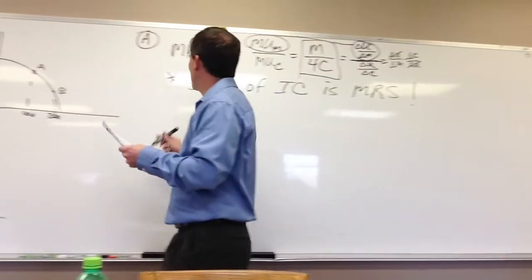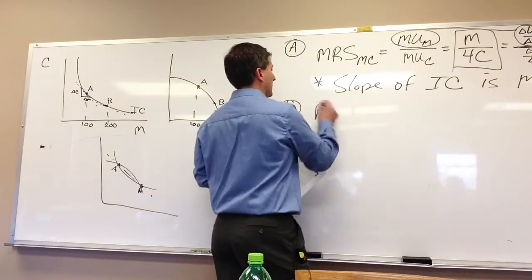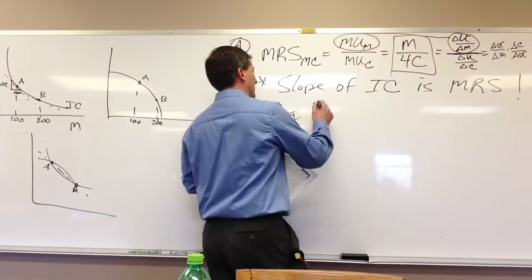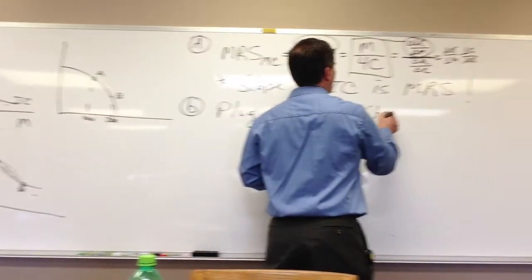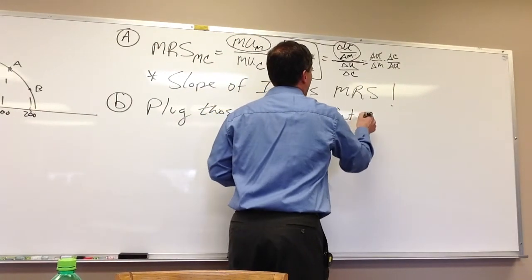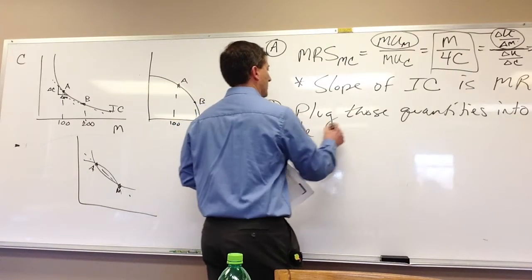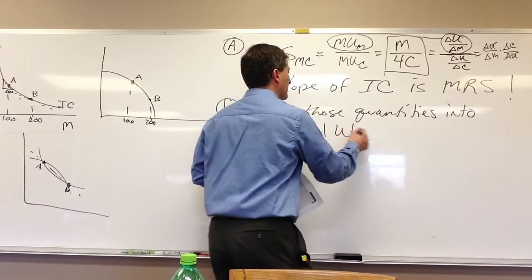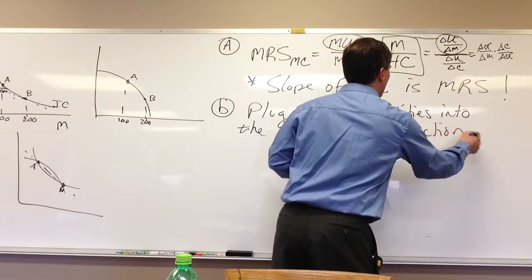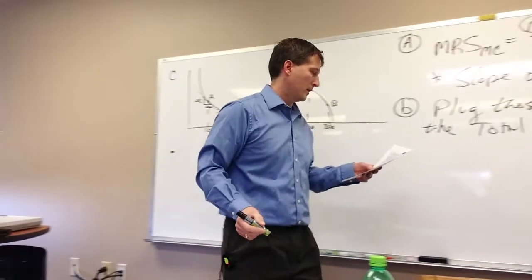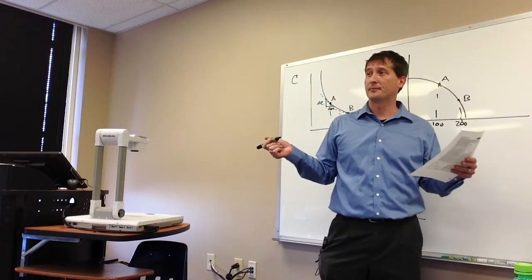Now B gives you 2 points. And that's where you plug it in. Yes. So now we just plug those quantities into the total utility function. And what did you guys come up with for utility? 10.